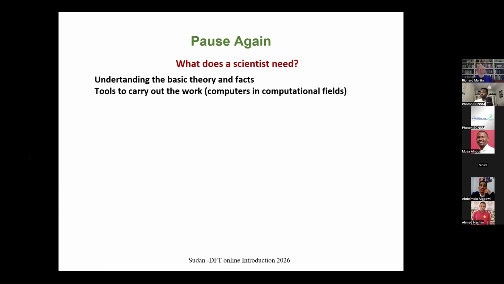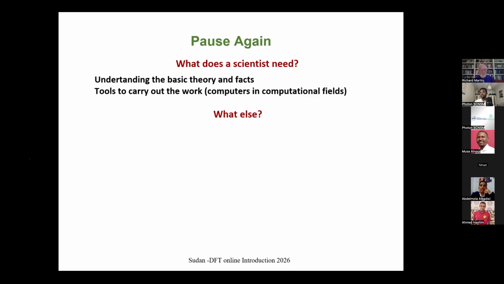You have to know some of the basic theory and some of the facts of the problems that you want to deal with. And you need to have the tools. Computational work, of course, means computation. That's the subject of this workshop up to a point. You just have to do that if you want to do research.